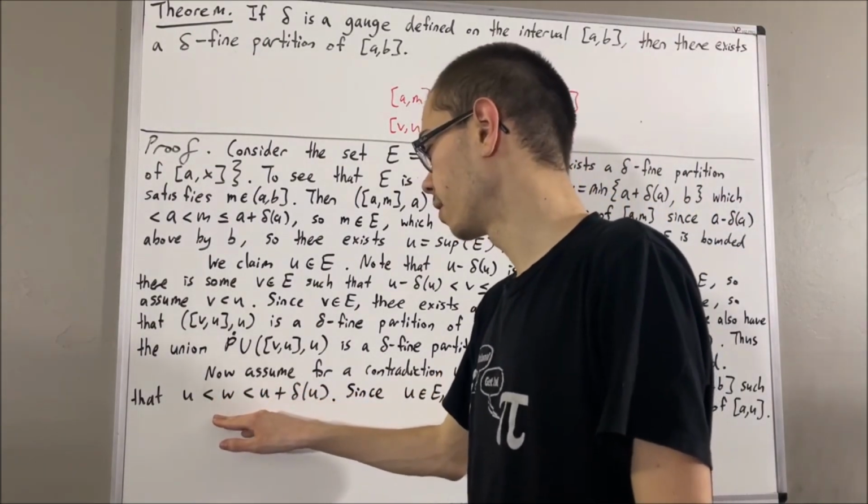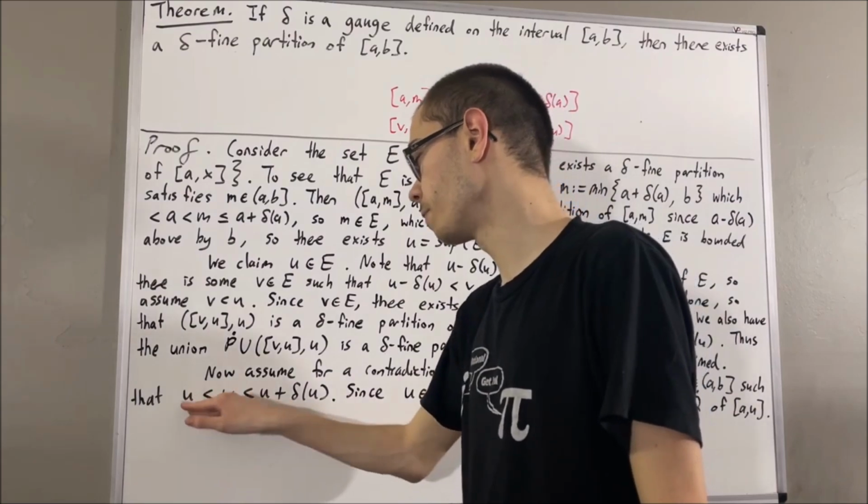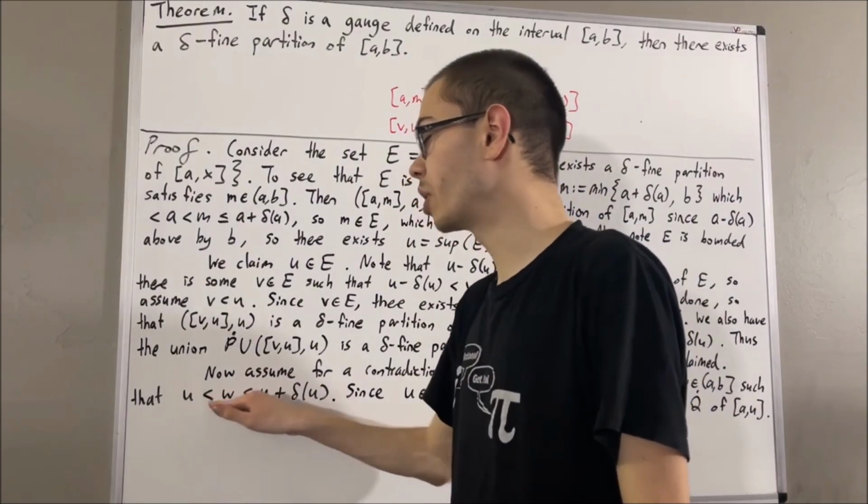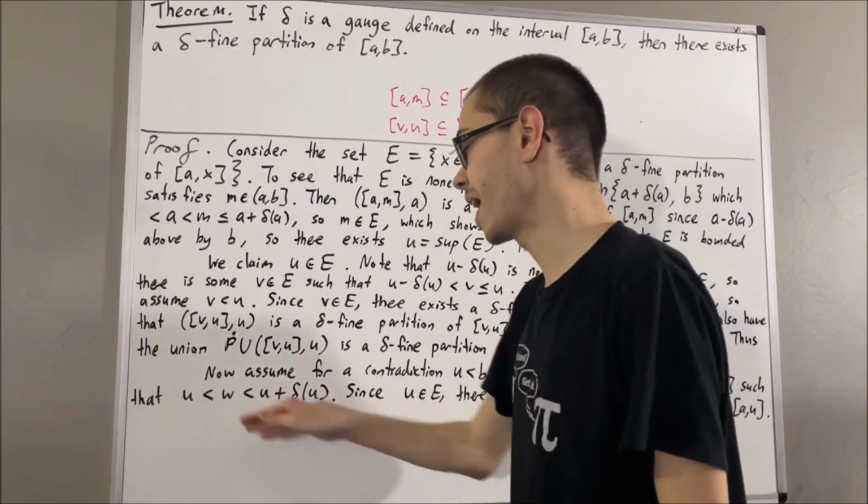In fact, the delta-fine partition of [u, w] is just going to be [u, w] itself with the tag at u.